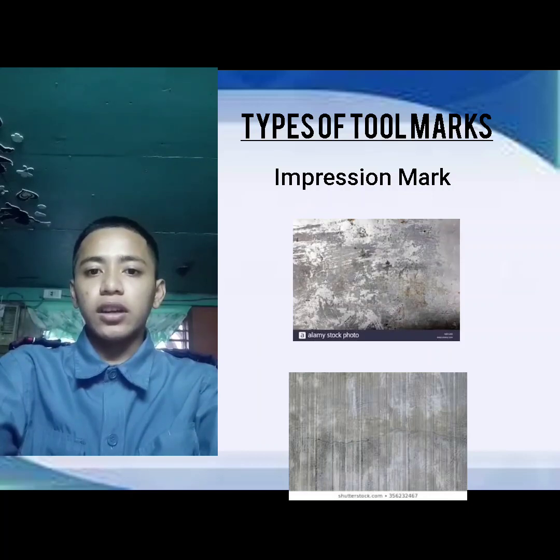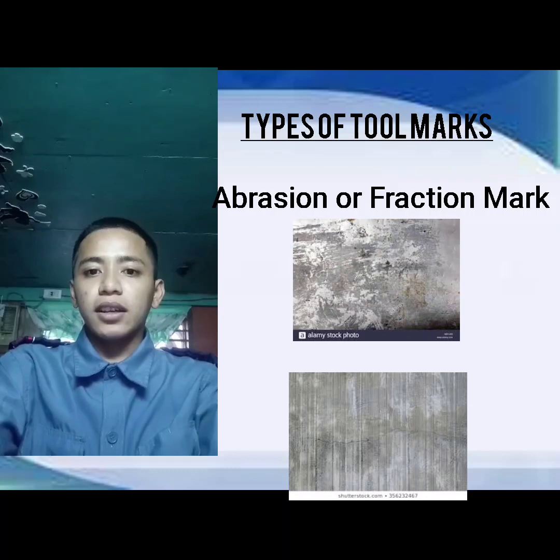And second, abrasion or friction marks, a cutting on the surface of the object using tools like a knife, axe, or screwdriver. Examination is impossible if the suspect's tool was used.